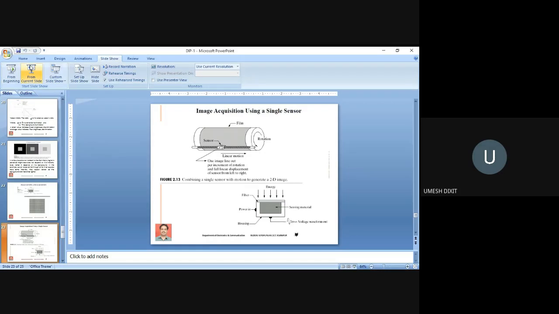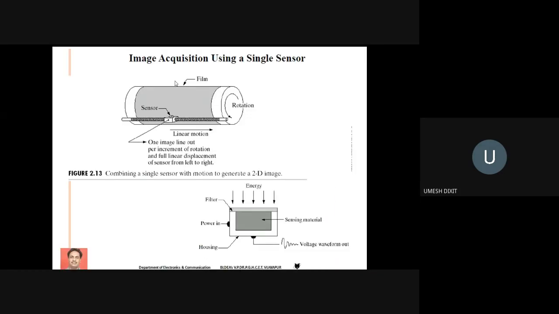To have movement of the sensor in both directions, we can use the arrangement as shown in the diagram. It contains a drum on which the film is mounted. The rotation of the drum provides movement of the sensor in one direction, and the sensor, which is fixed on a strip with a screw, provides movement in the other direction as it moves horizontally.